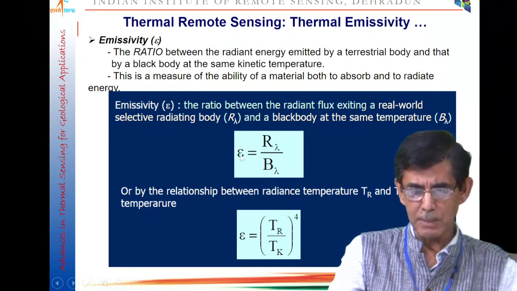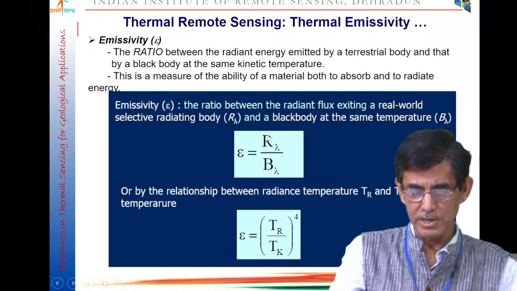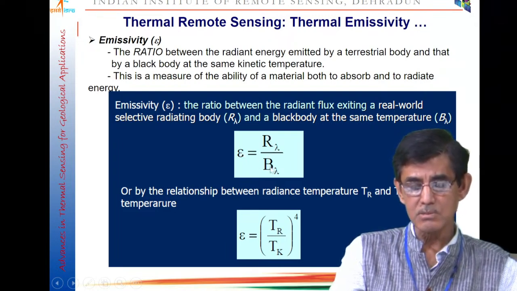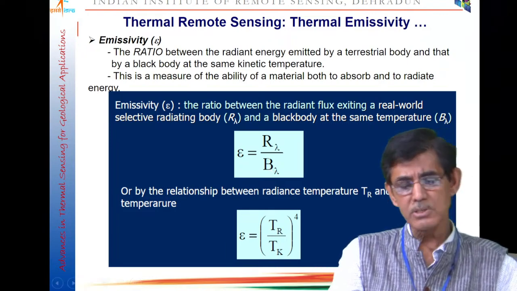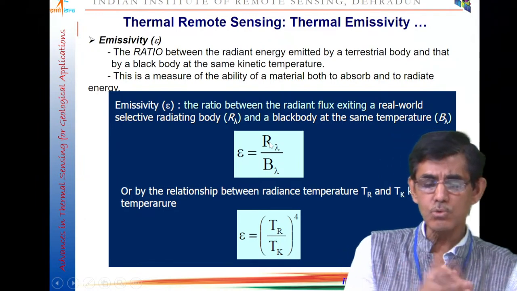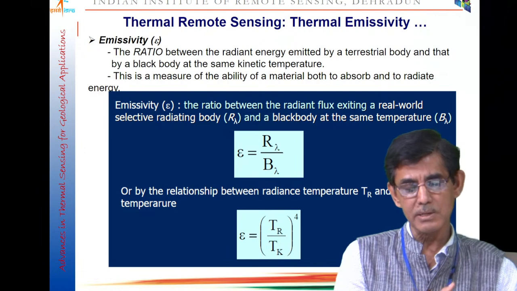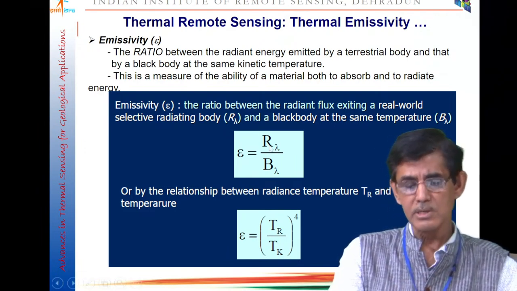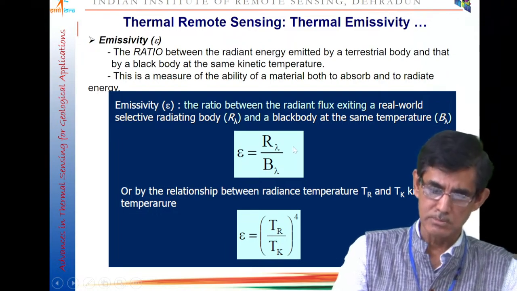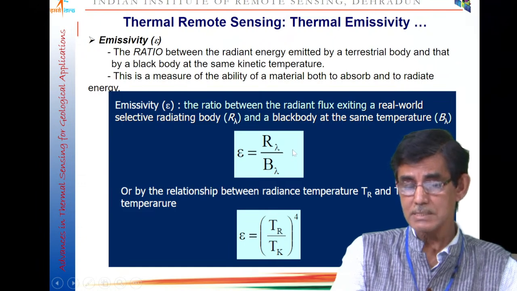So emissivity for a black body is what? This is how much energy is radiated divided by how much energy is absorbed, received. And because in case of a black body these two magnitudes, the energy received and energy radiated, are the same, then what will happen to the ratio? The ratio will be 1, isn't it? But in case of a terrestrial body, it is not the case.